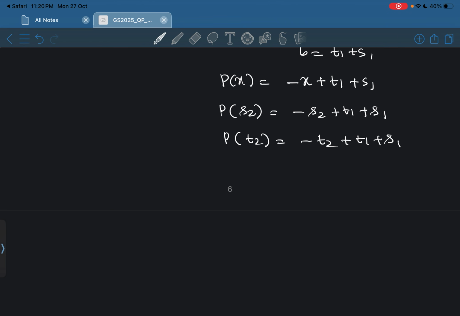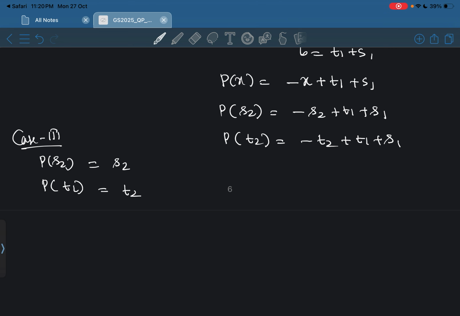So if P of s2 equals minus s2 plus t1 plus s1, this is case 3, or you can say the subcase P of s2 equals s2 and P of t2 equals t2. Then what will happen?